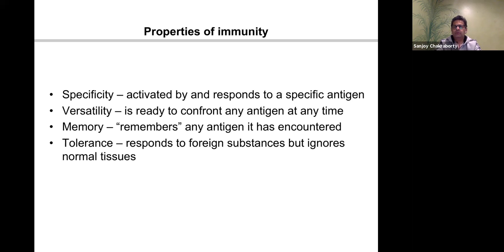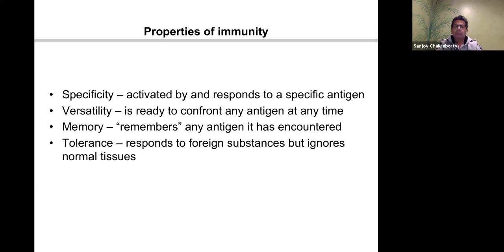It's like a locksmith. You go to them and you ask to make a key for a lock. They will do it. Depending on the complexity of the lock, they can take anywhere from 5 minutes to 5 hours or maybe 5 days. So if you do it quick, you are fine. So they are versatile, meaning they can make anything depending on what kind of antigen they come across.